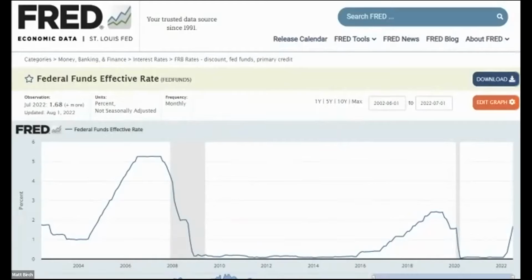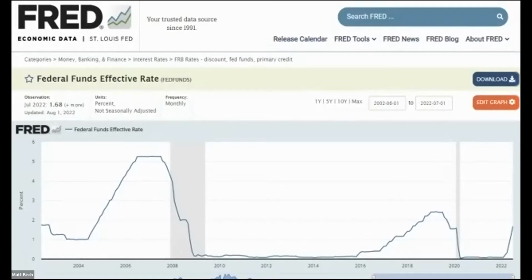Then a recession hit, and so they started pushing interest rates back down. That was not an organic rise and fall of interest rates. That was Fed policy both ways. And they kept interest rates down for years as we slowly recovered from the Great Recession.